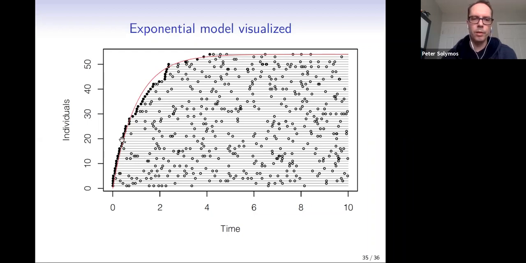And if you put together the times to first detection and get this rugged line, that is approximated with this cumulative function that we talked about, this 1 minus e to the power minus time times rate. So this is the red line.